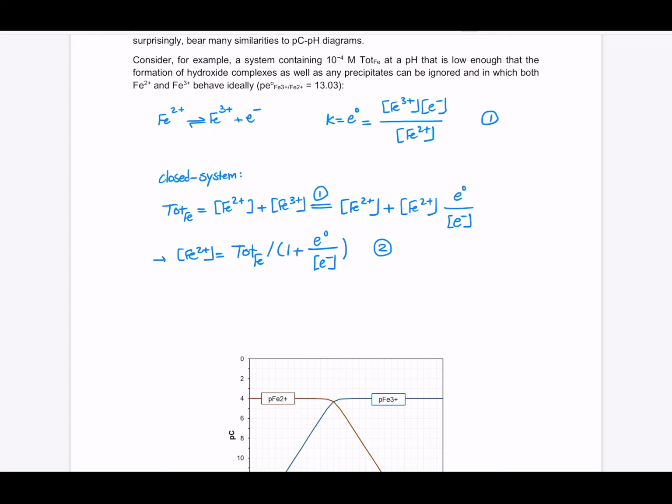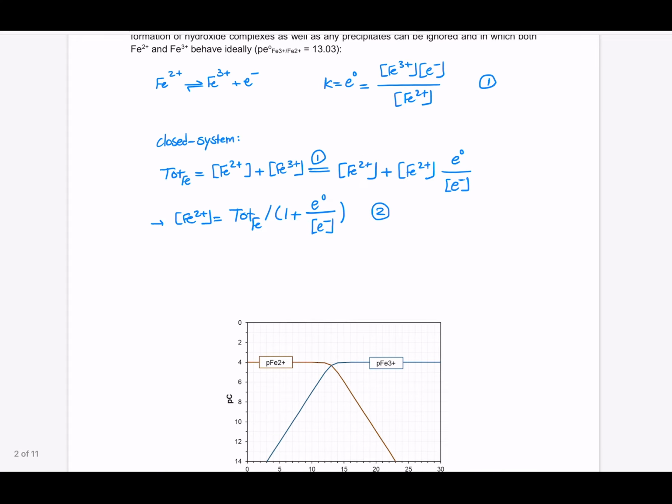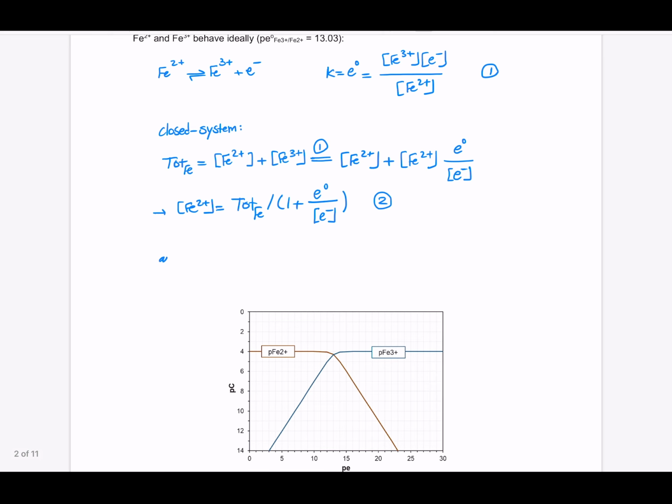Using Excel, we just change the activity of the electron at each concentration of electron, or pE. So basically it's minus log of that.